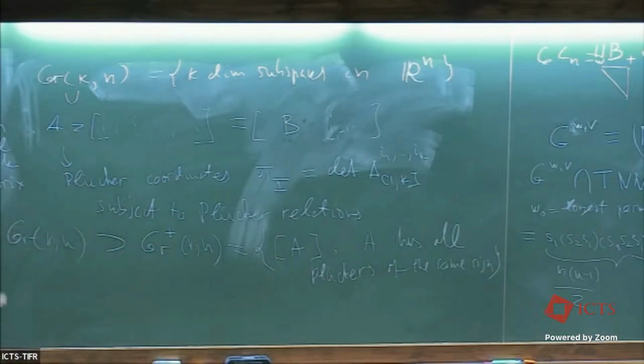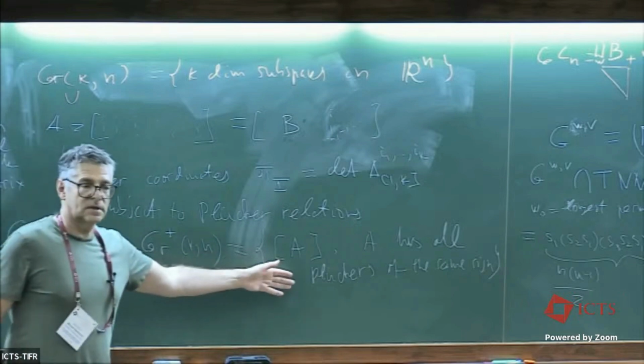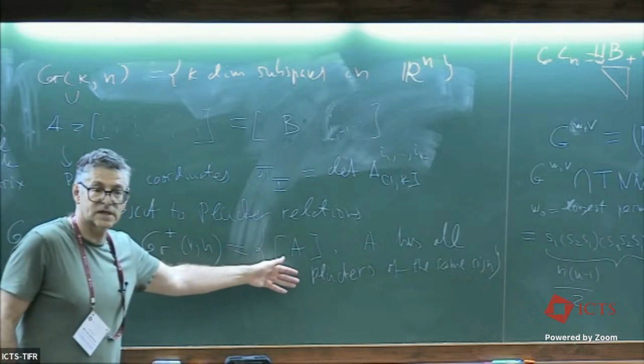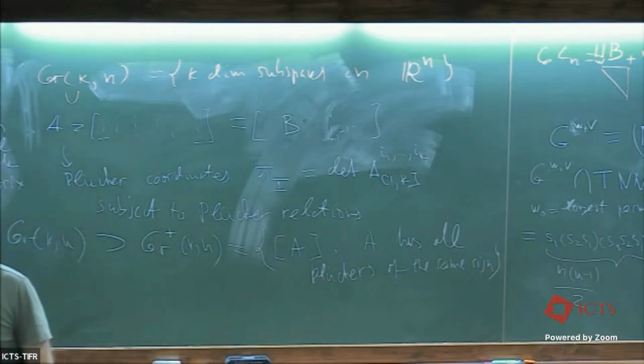And then there is this rich theory developed by Postnikov that describes parameterization, coordinatization of these elements using planar networks in the disk, of which the parameterization of totally positive matrices that I'm going to talk about tomorrow is a particular case.